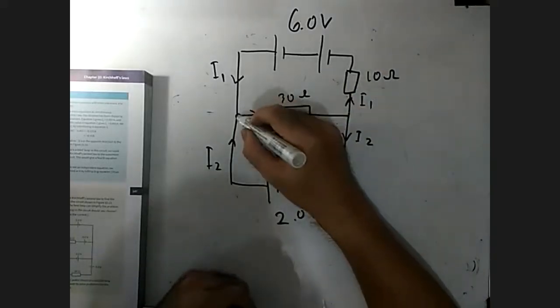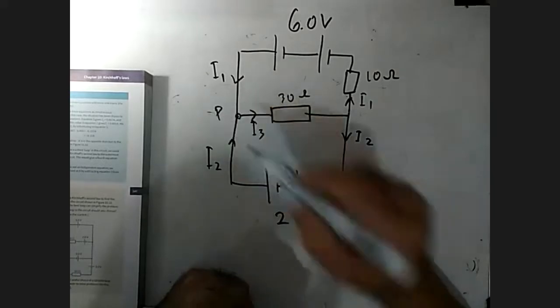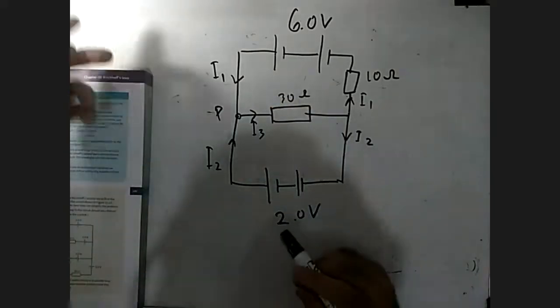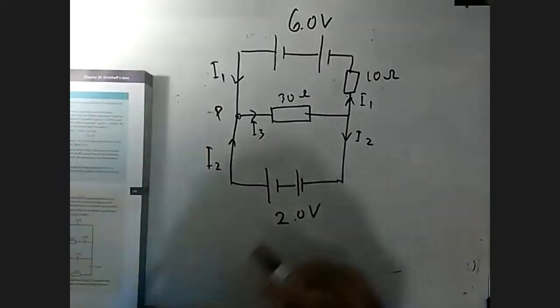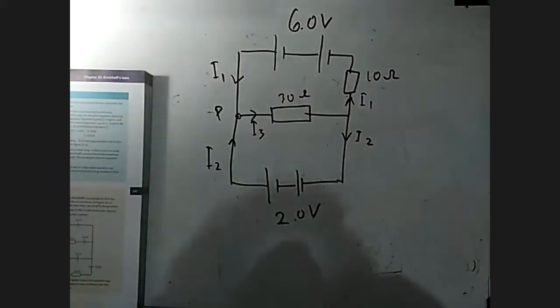Now, if I call this point P, Leon, make me an equation of current at point P. Give me an equation relating currents 1, 2, and 3. Is Leon Lim here present? Yes, sir. Okay.